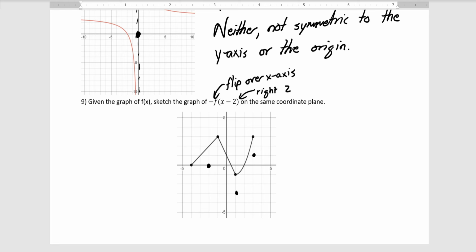And move this one right 2, it'll take it to here. And now I can try to draw these lines. So I have a straight line from here to here, straight line here to here. And notice this last line is curved, like a parabola almost. So it'll be going like that. There we go.